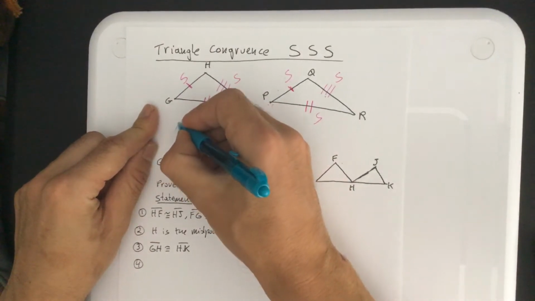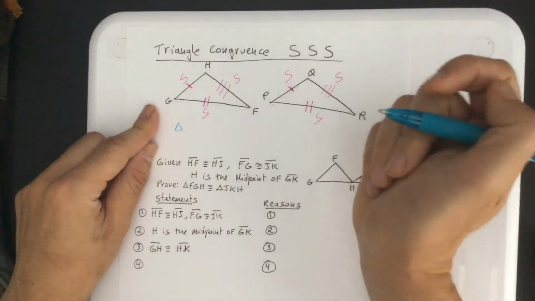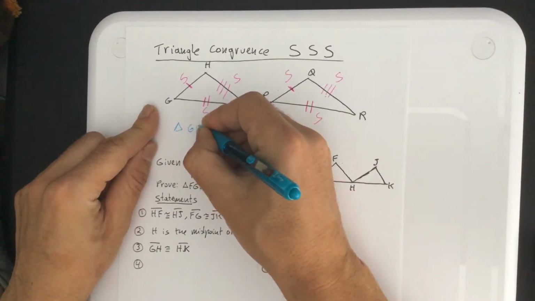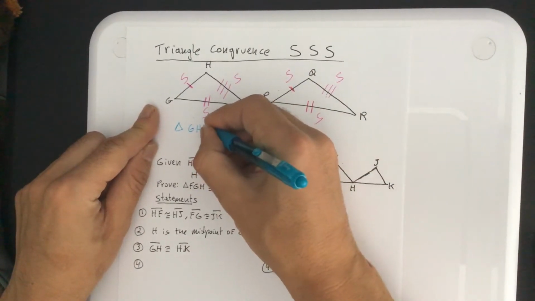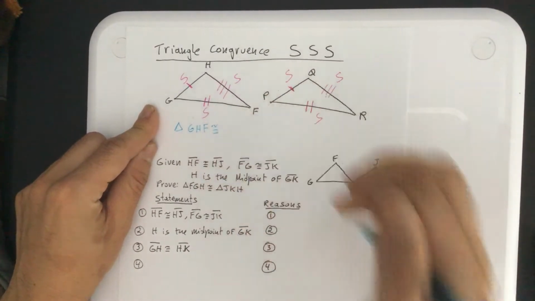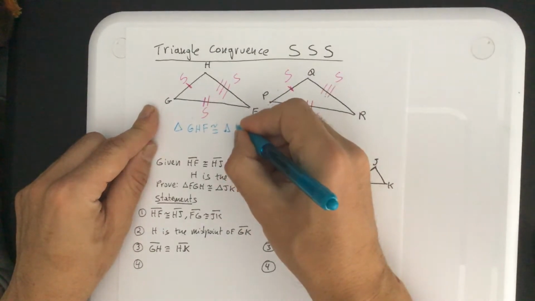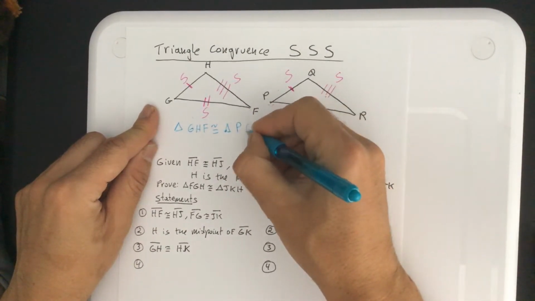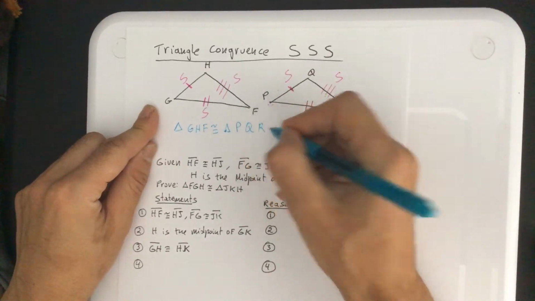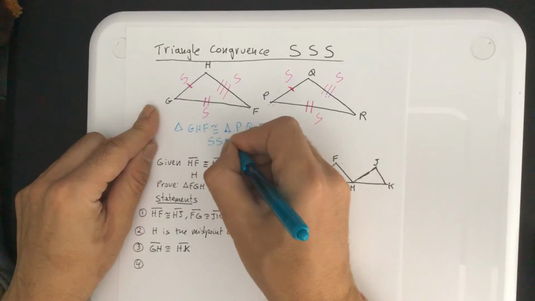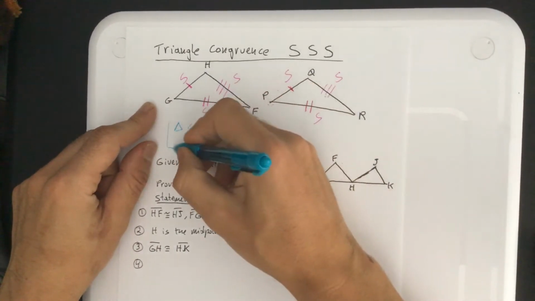So in this case, triangle GHF is congruent to triangle PQR because of side, side, side.